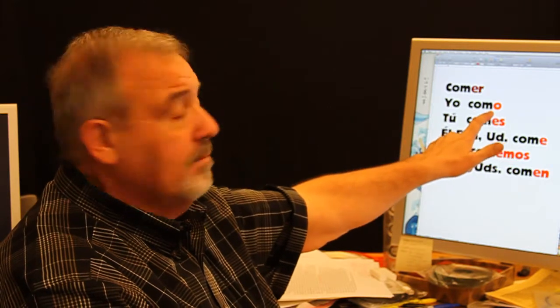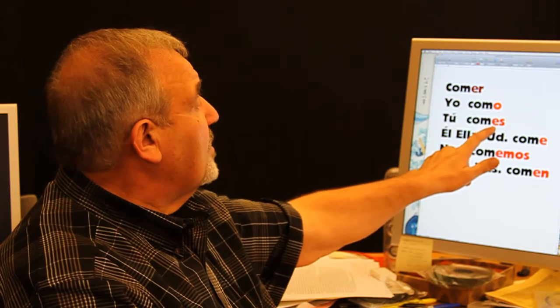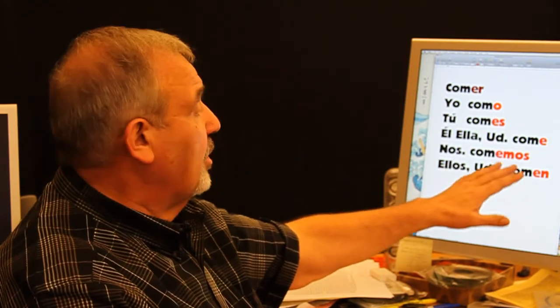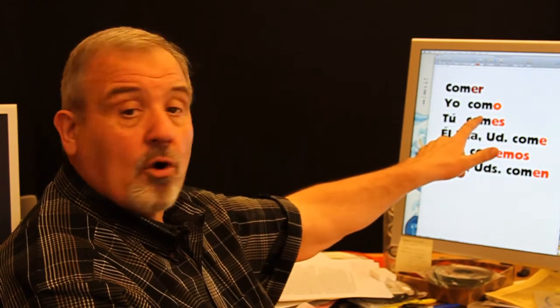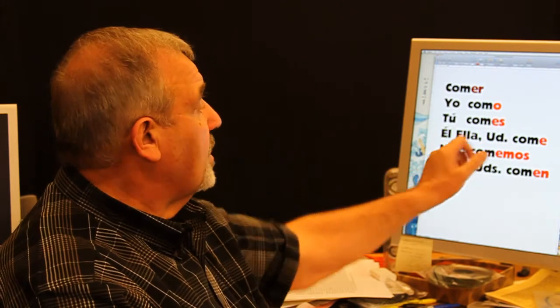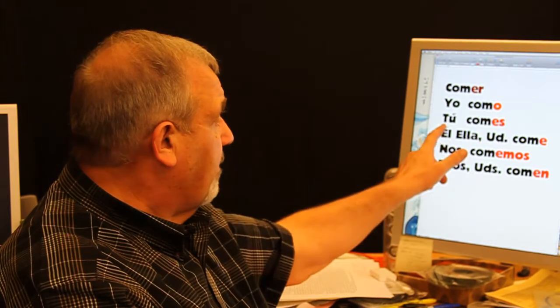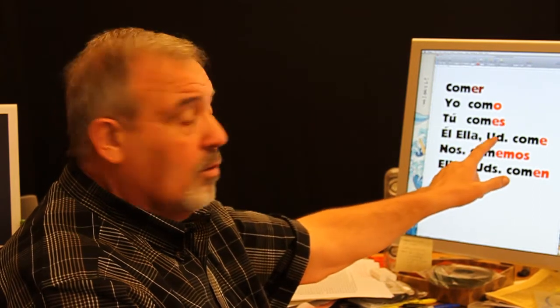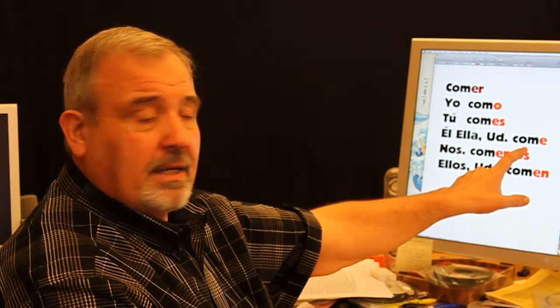In the yo form, yo como, same as AR. In the tú form, instead of being AS, you end up with ES. Everywhere there's an A in the AR conjugations, you replace it with an E. You end up with yo como, I eat. Tú comes, you eat, informal. Él, ella, or usted, the formal you, come.